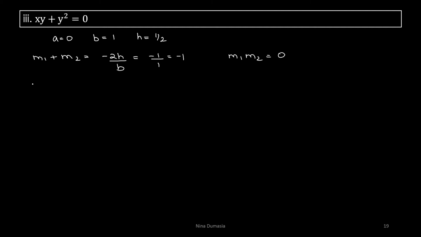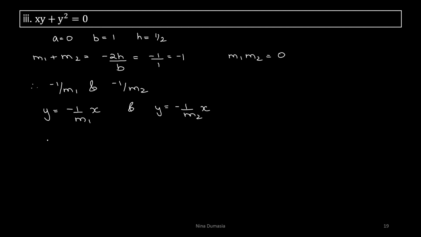Okay. So therefore, the required lines would have slopes -1 by m1 and -1 by m2. Write the same, and then you will get that the required lines are y is equal to -1 divided by m1 into x and y is equal to -1 divided by m2 into x.